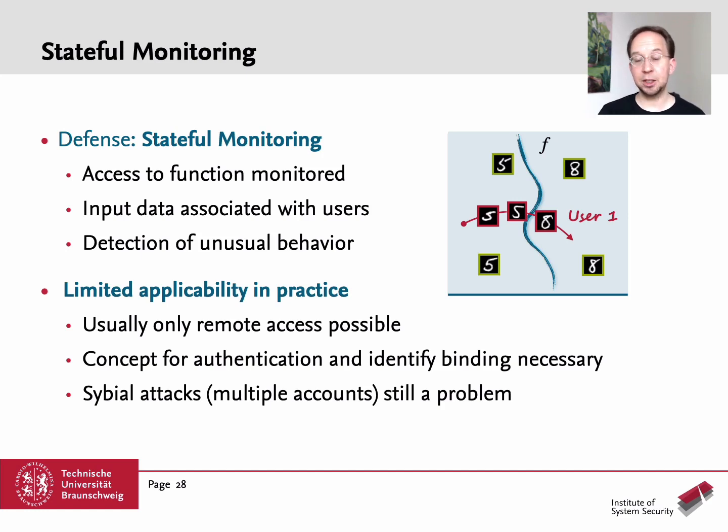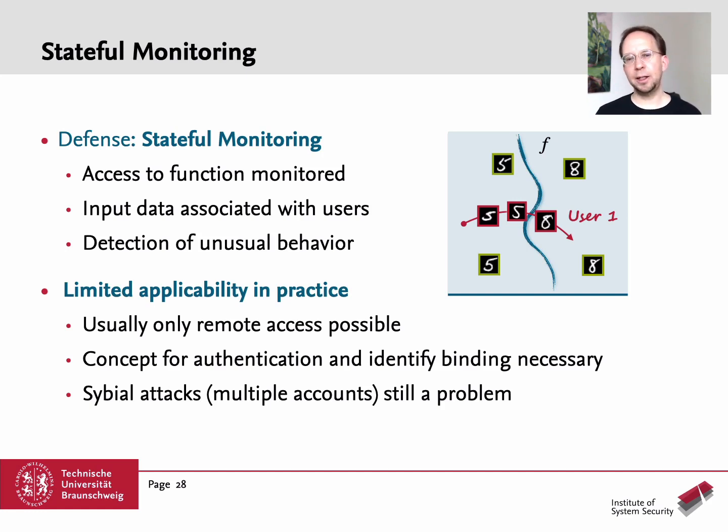For example, here in the picture, if the inputs of the user are slowly moving towards the decision function, this might indicate an attack. Of course, this can only be done if there is something like a user. It cannot be performed if the system is in the hands of the attacker, because he can then disable this tracking. So it's only possible if this is a remote system.